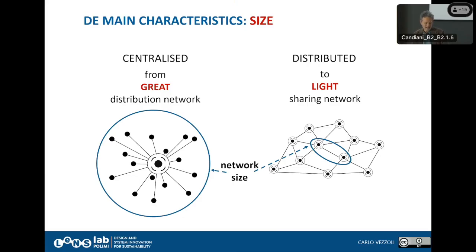And why is it light when it's distributed? Because many times it's localized. I'm doing something for local people. I'm 3D printing something for local people. In other situations, it's not really so local. We may call it multi-local.